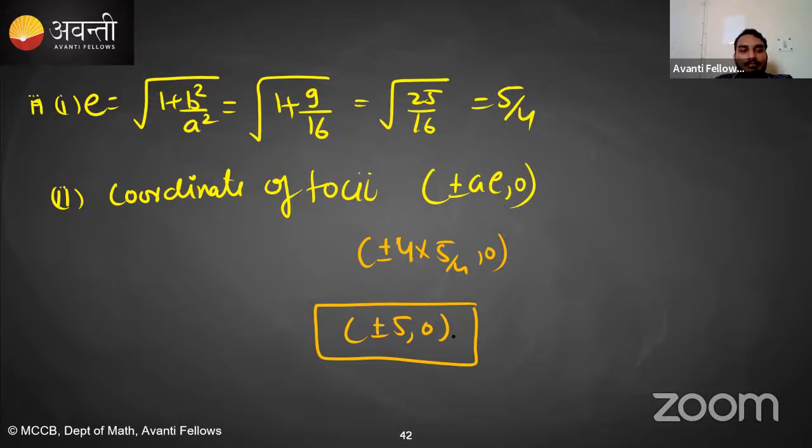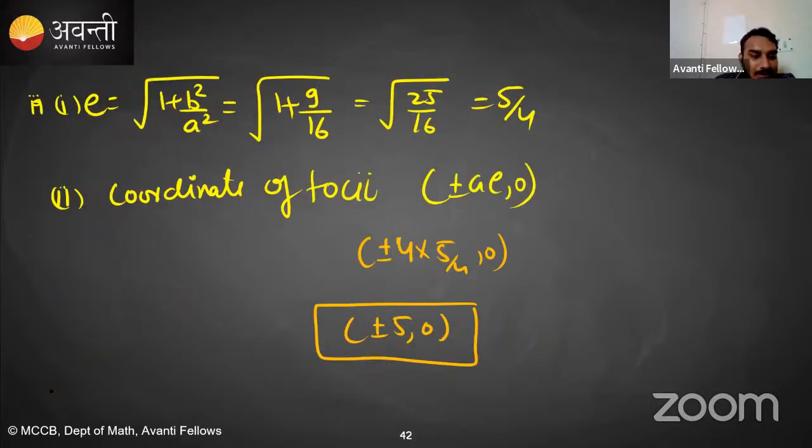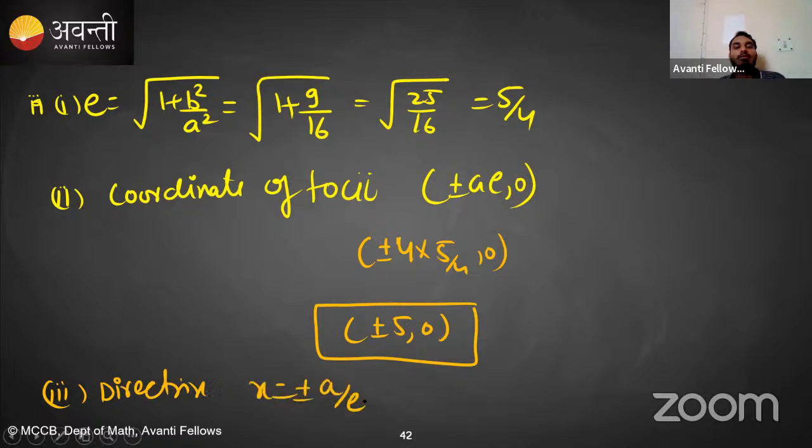Clear? Now they are asking the equation of directrix. Again very simple. The equation of directrix is x is equal to plus minus a by e. Yes or no? So what do we get here?